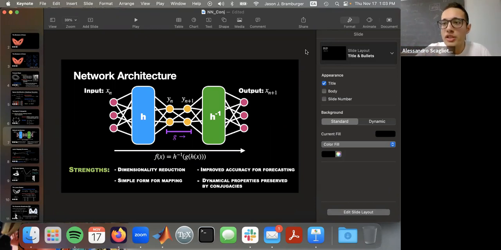For instance, knots in R3 are very complicated, but if I lift a knot in R4, it becomes trivial, right? So if I have a very complicated dynamics in some dimension, it could make sense in principle to lift it in some higher dimension in order to hope to have a simpler dynamics.